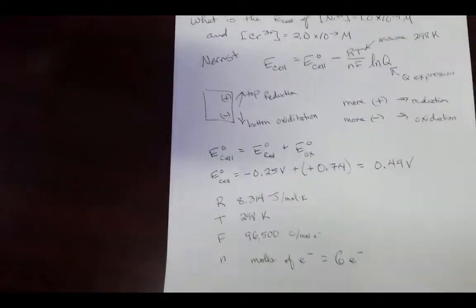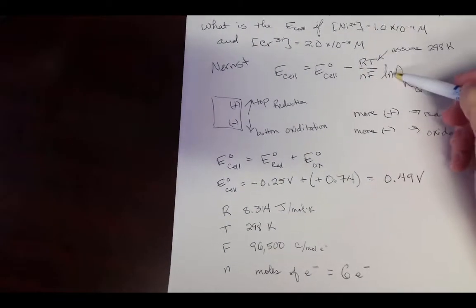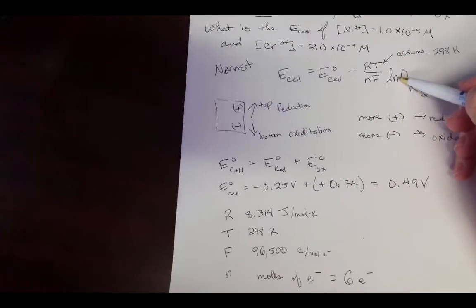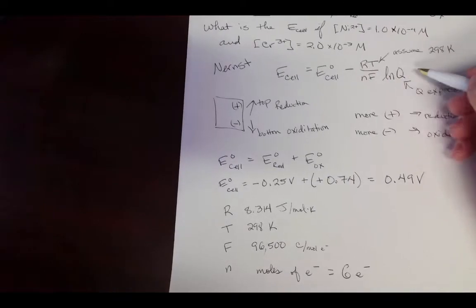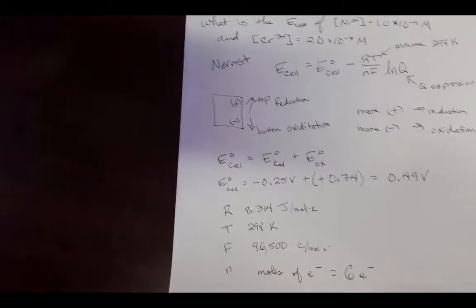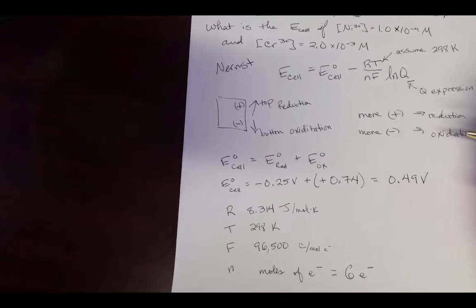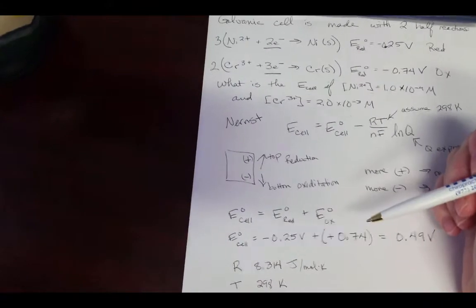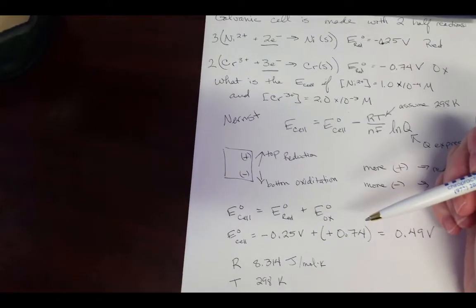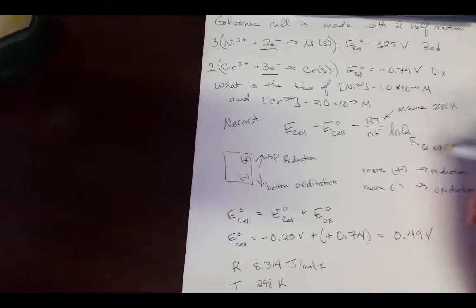Now we come to ln and Q. This is what we now have left to do. Natural log is just a button on your calculator. That's not a constant, it's just the natural log. But now I have Q. Well, Q is based on products and reactants. So far I've got 2 half reactions, so what I need to do is figure out what Q is going to be.